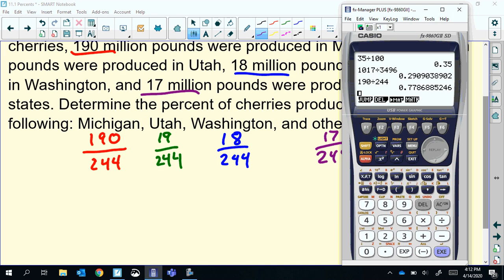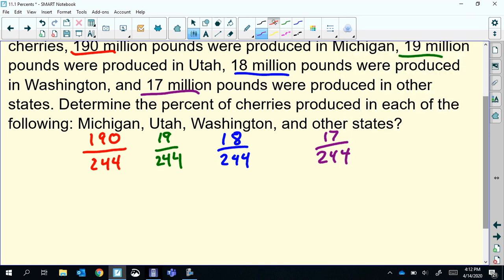So this would be 77.9%. Or you could say 78 if you just want to round.